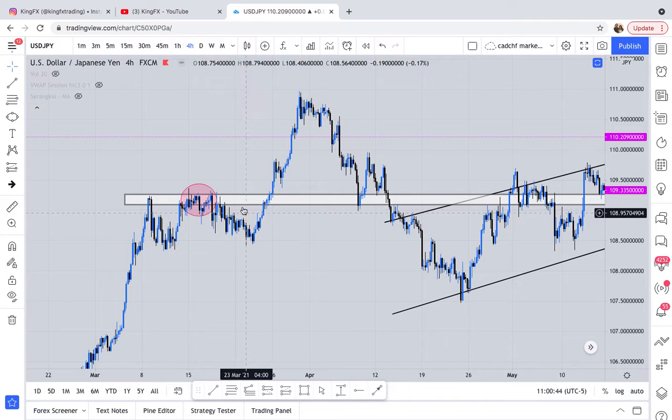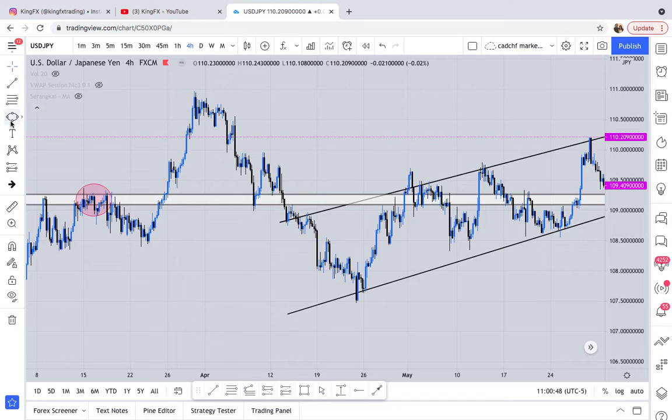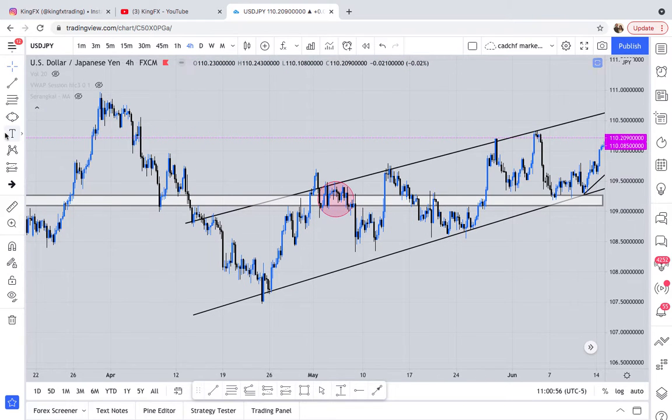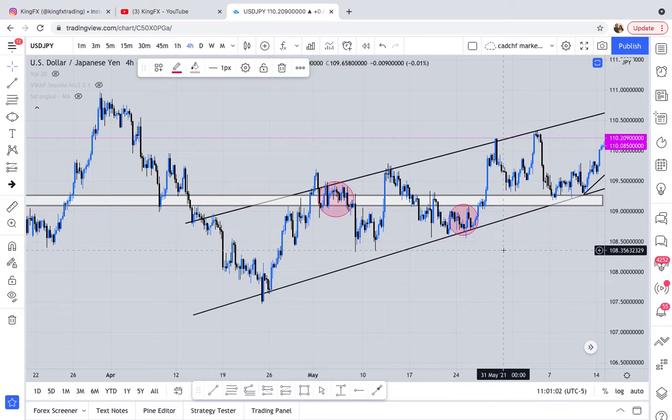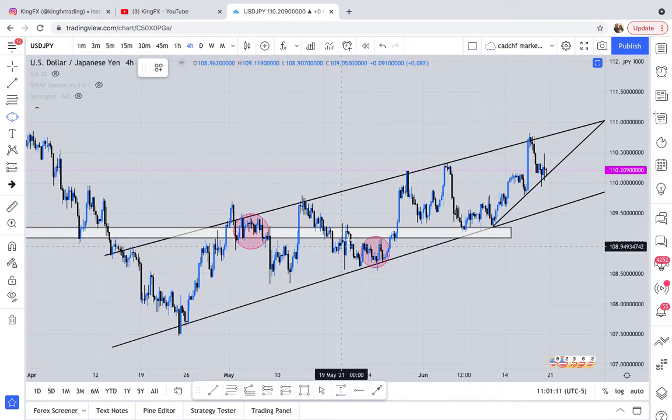Okay? This area right here would be consolidation. This area down here, consolidation. And it looks like it didn't consolidate too much.